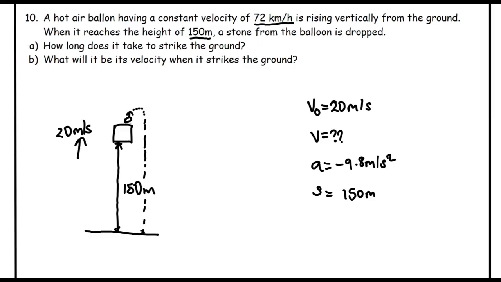Now, because the object is going up and then it goes down, there are two displacements or two directions of displacement. If we take this as the reference point or the 0 point, the velocity going upwards we can take as positive and the velocity down will be negative.